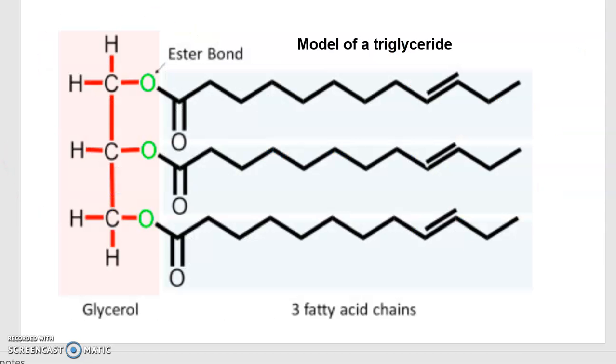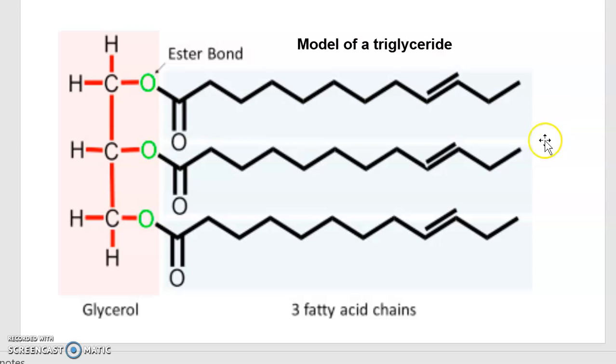If we look at this next picture, we can see that this is a model of a triglyceride. Why is this helpful? Because it's really showing us that we've got a glycerol unit, which is shown here in red, and we've got a chemical bond. The chemical bond is referred to as an ester bond, and that ester bond is connected to this fatty acid here.